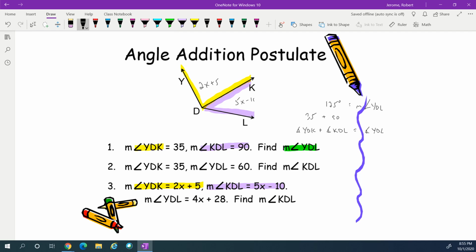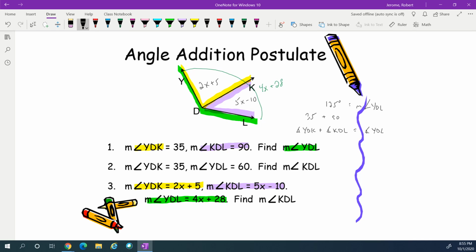And that's 5x minus 10. YDL. YDL is the whole thing. And for that, they gave us 4x plus 28.